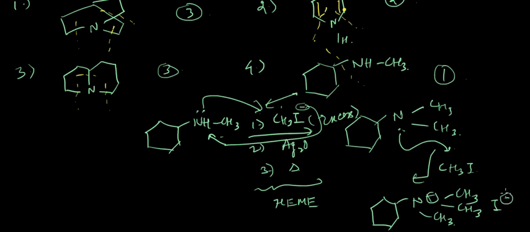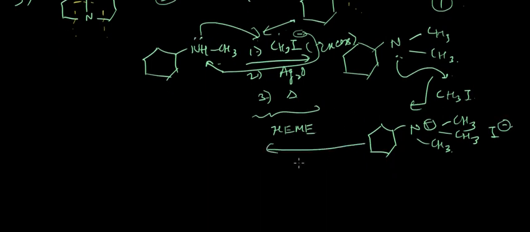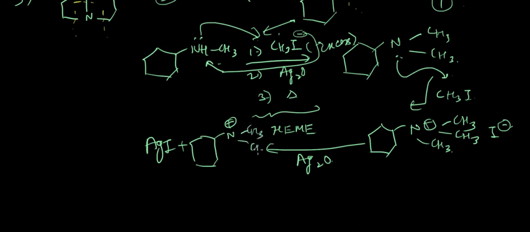and I minus, which on reaction with moist Ag2O will form a precipitate of AgI, and we will get something like this compound. Obviously this is moist Ag2O, so we will have AgOH also present.